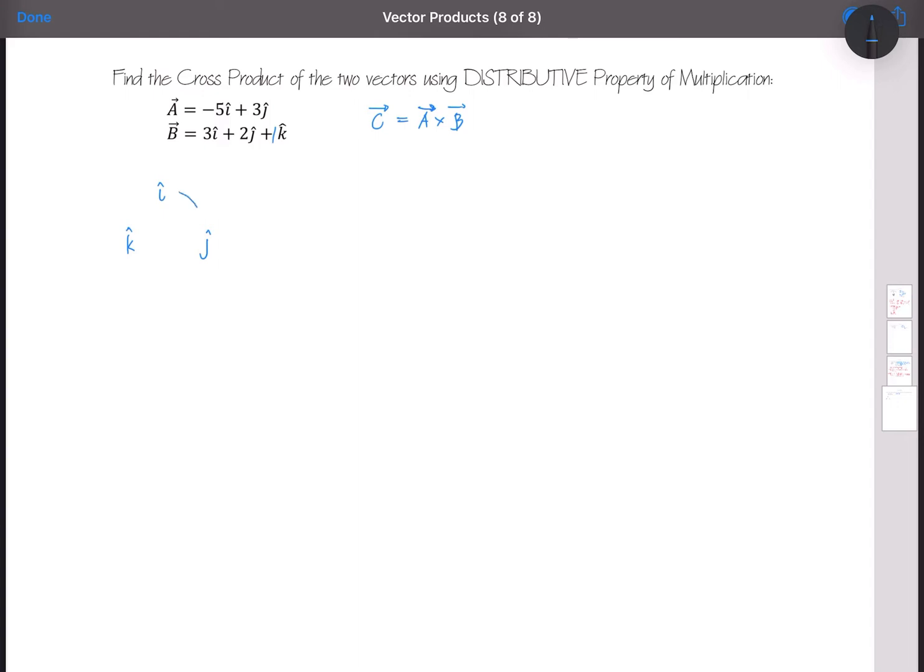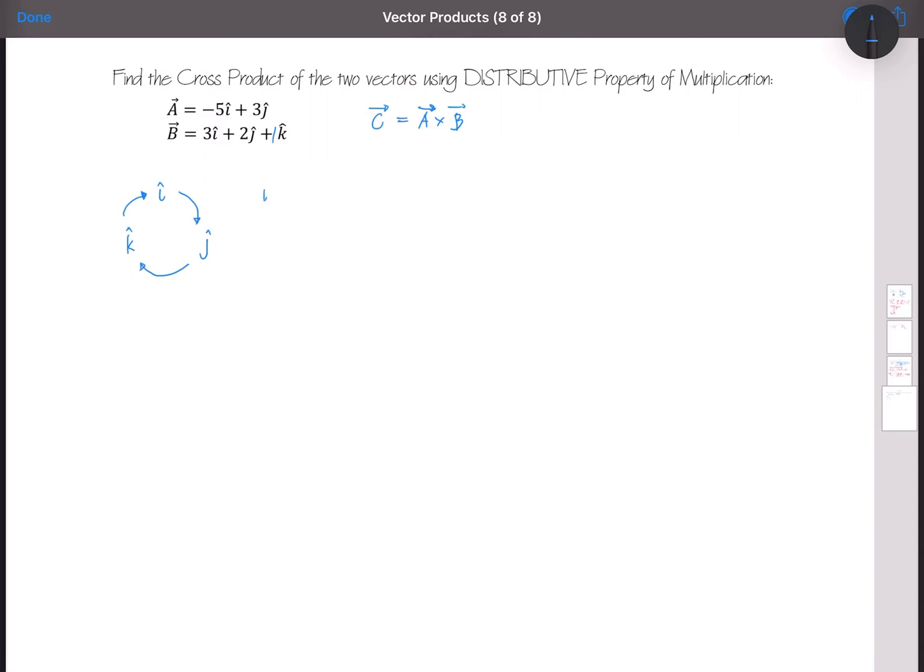And so we have this loop. We follow this loop. It's clockwise: i to j, j to k, and then k to i. That means that the product of two consecutive unit vectors is equal to the next unit vector.